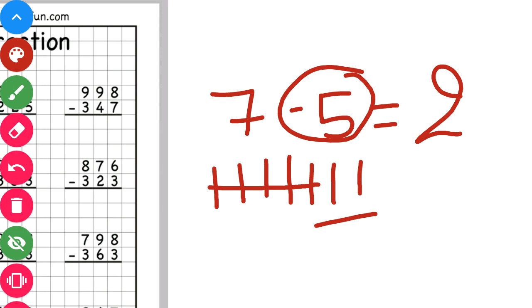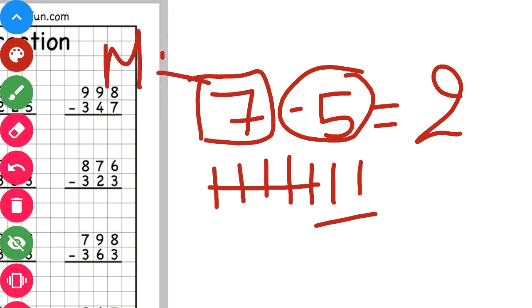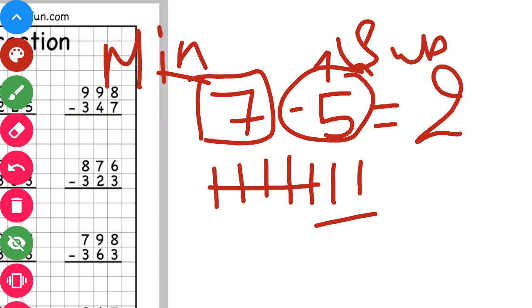So, which is the greater number, 7 or 5? 7 is the greater number, so this is minuend. 5 is the smaller number, so this is subtrahend. And 2 is the outcome. 2 is the answer. So 2 is difference.